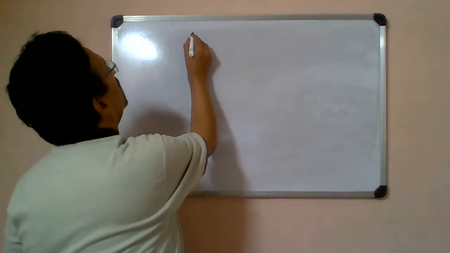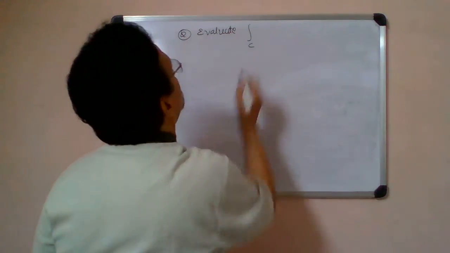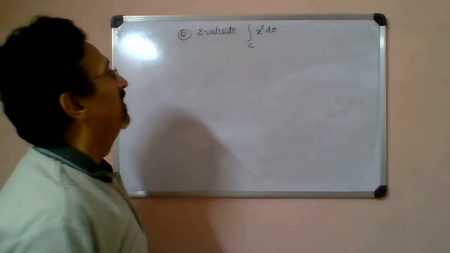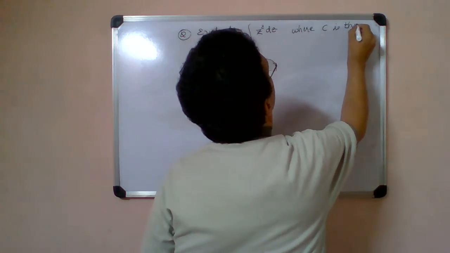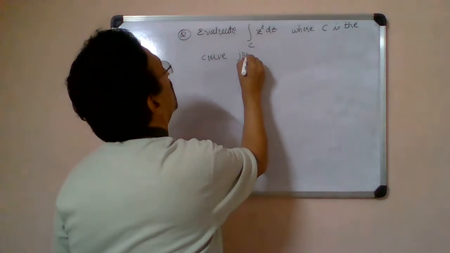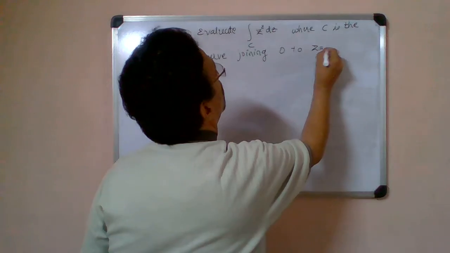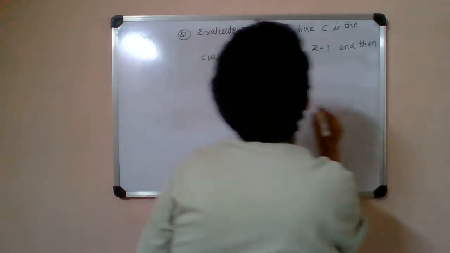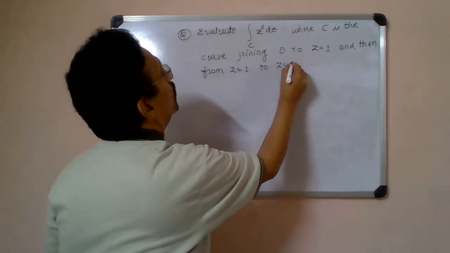So the second example: evaluate the integral over C of z squared dz, where C is the curve joining O, the origin, to z is equal to 1, and then from z is equal to 1 to z is equal to 1 plus i.